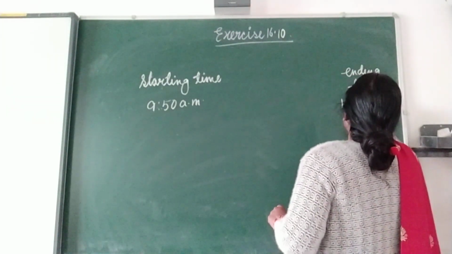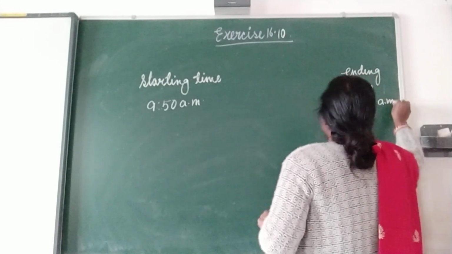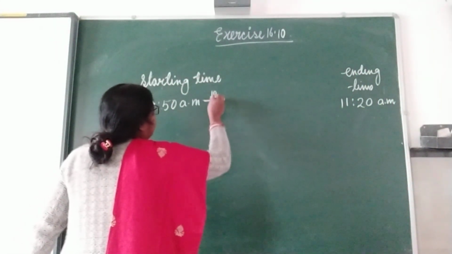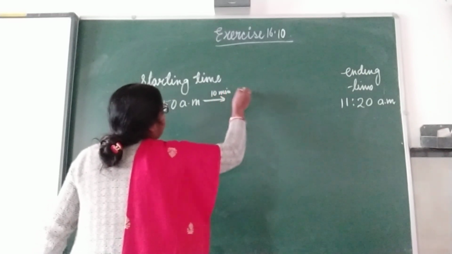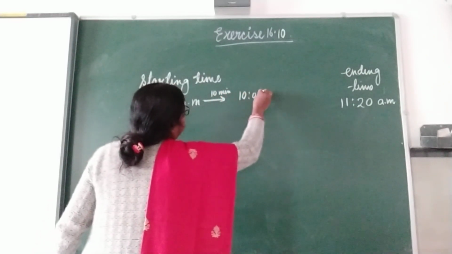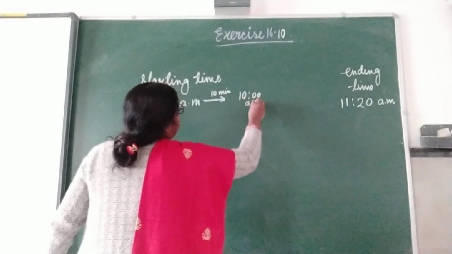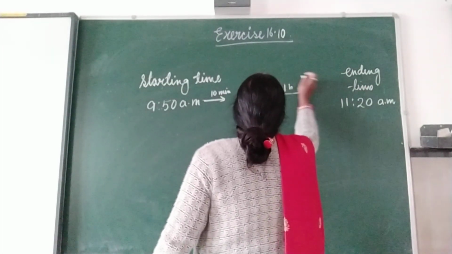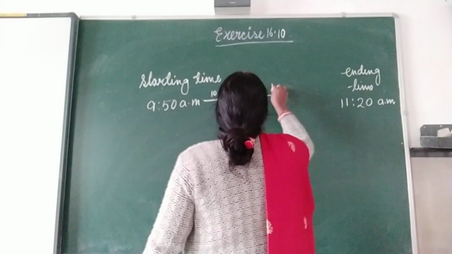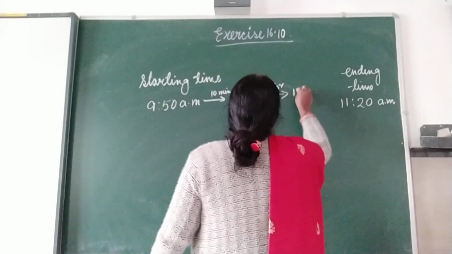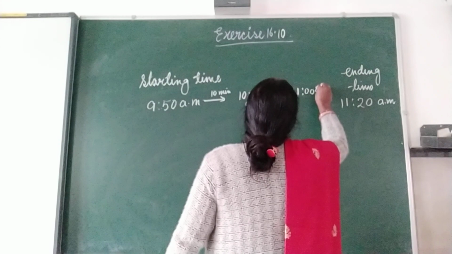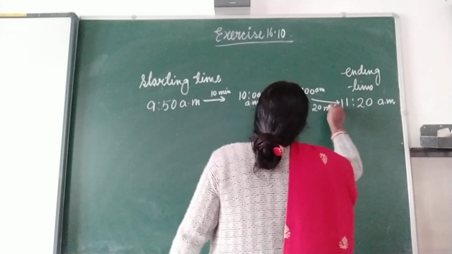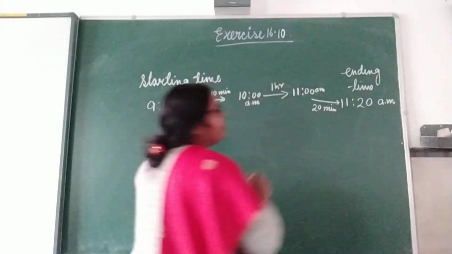Now both are in am, so we simply do 9:50 plus 10 minutes, it will be 10 am. Now 10 am plus 1 hour is 11 am. Now 11 am plus 20 minutes is 11:20 am.